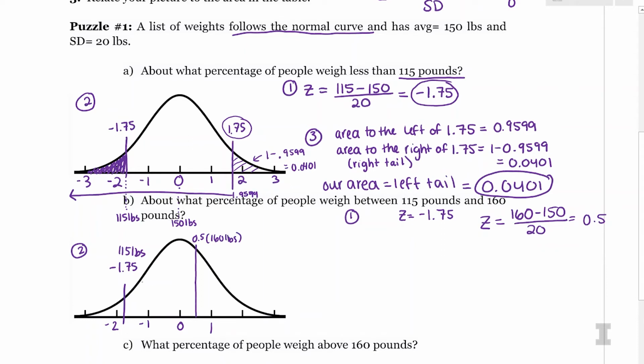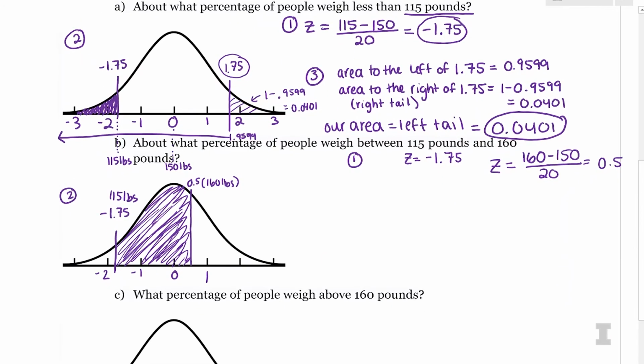And we want to know what percent of people weigh between those values. So again, if you weigh 115 pounds, you're 1.75 standard deviations below the average. If you weigh 160 pounds in this data set, you are 0.5 standard deviations, or half a standard deviation, above average.